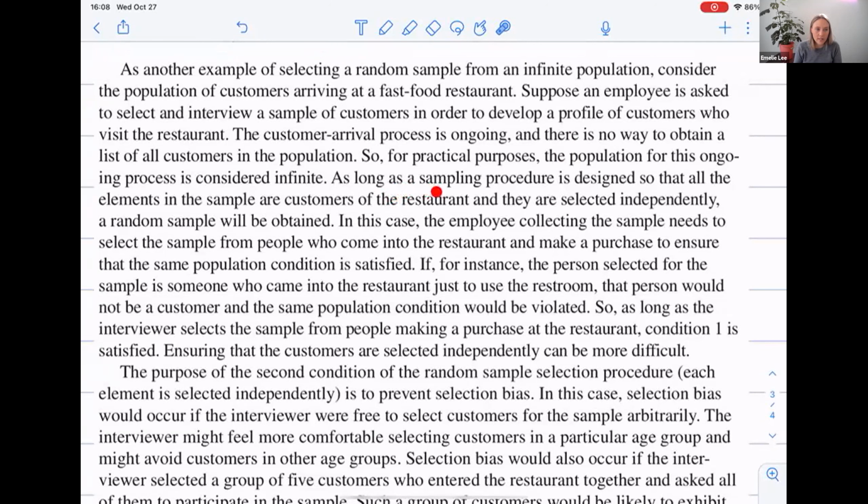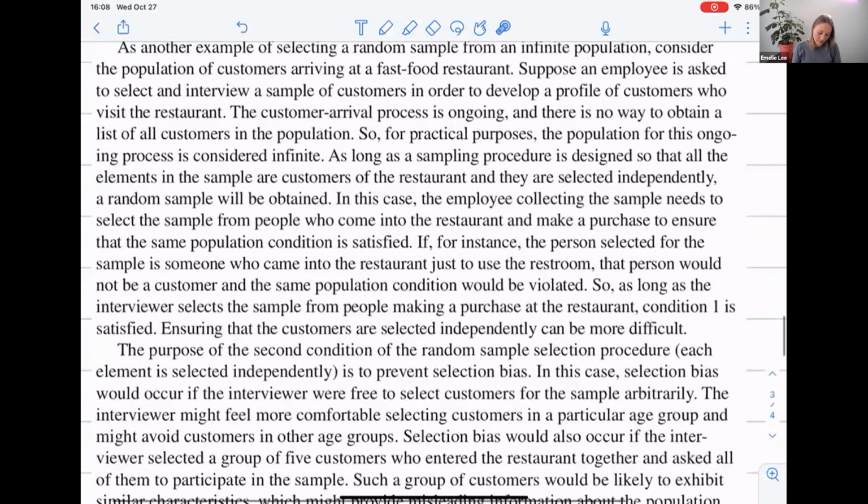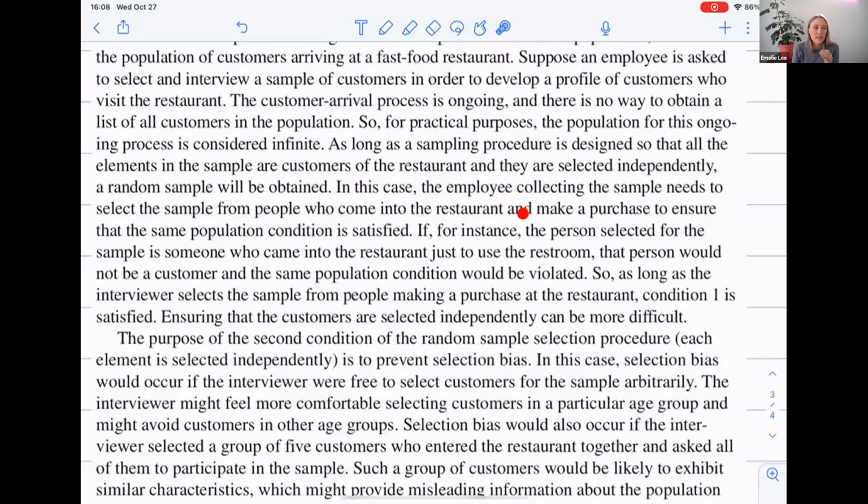So as long as a sampling procedure is designed so that all the elements in the sample are customers of the restaurant and they are selected independently, then a random sample will be obtained. In this case, the employee collecting the sample needs to select the sample from people who come into the restaurant and make a purchase, to ensure that the same population condition is satisfied.